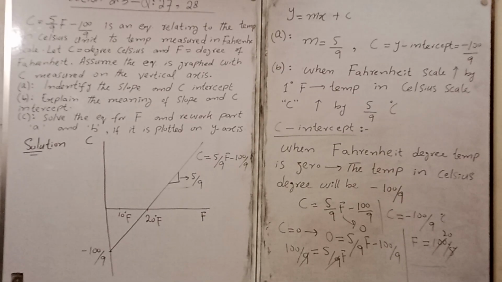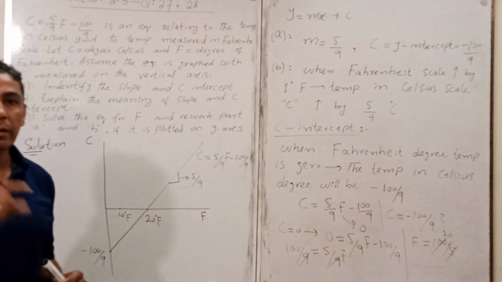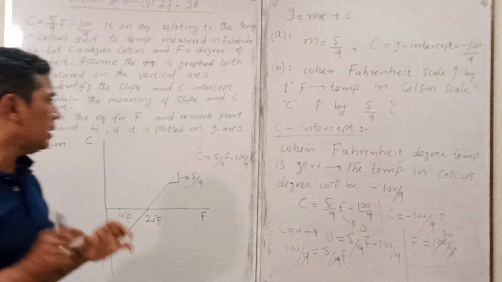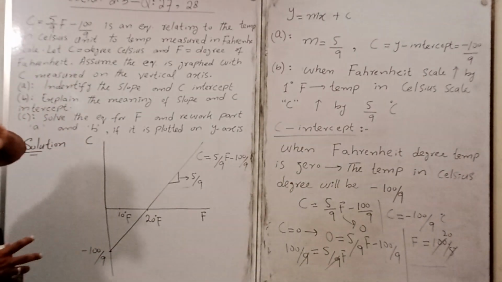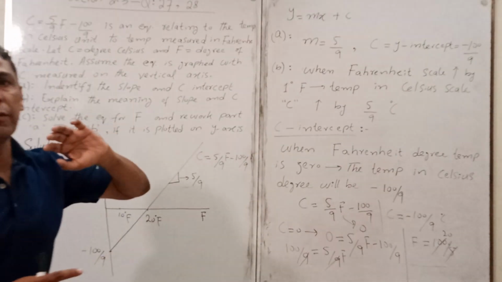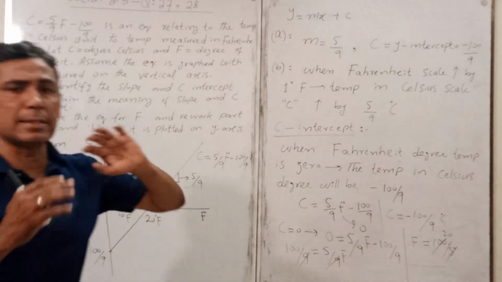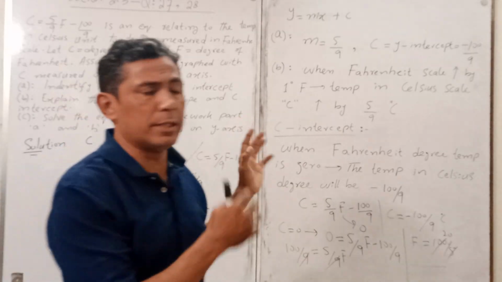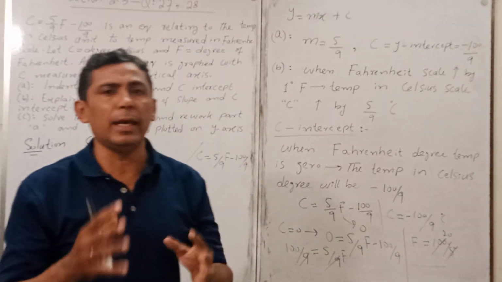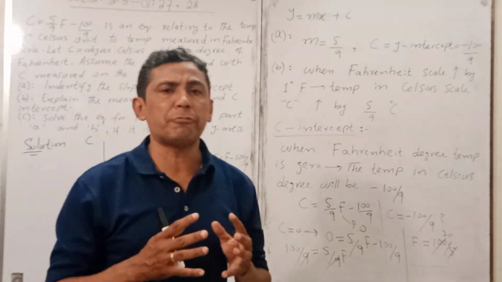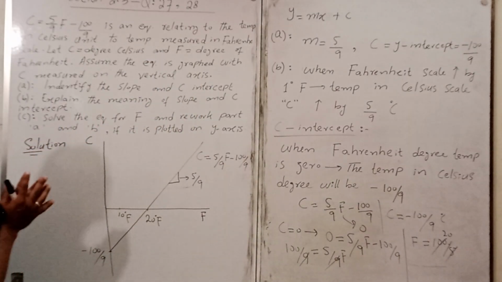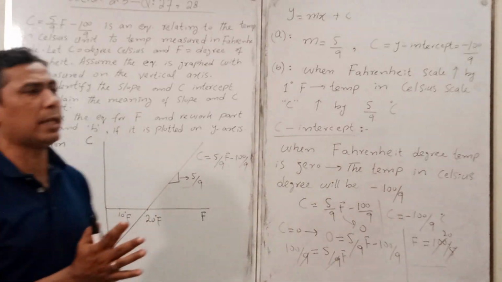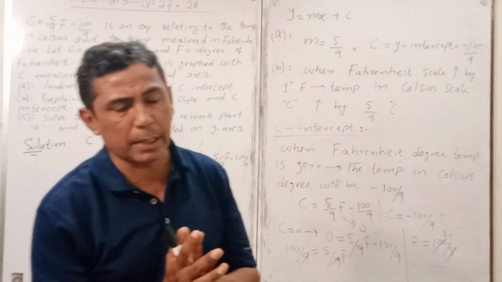Is that clear? Now what I did, repeat again. In the first part of this question, first of all, the straight line equation with respect to the Celsius scale and the Fahrenheit scale is given in the question, and they asked us to find out the relationship between these two variables and explain the value of slope and intercept.